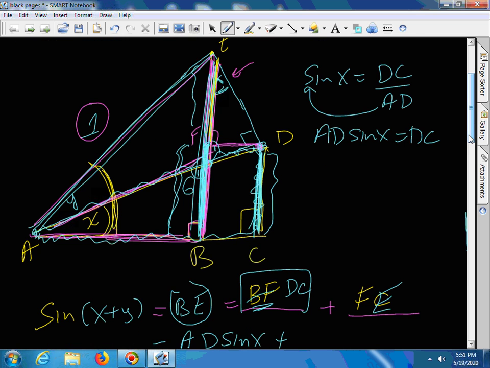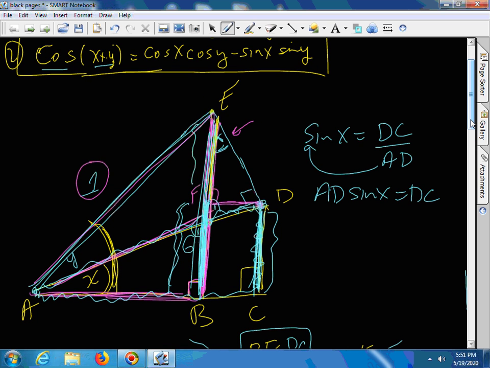Sorry. So now, FE. Where is FE? Well, FE is right here. And the only right triangle it's in is this one. And there's the right angle.